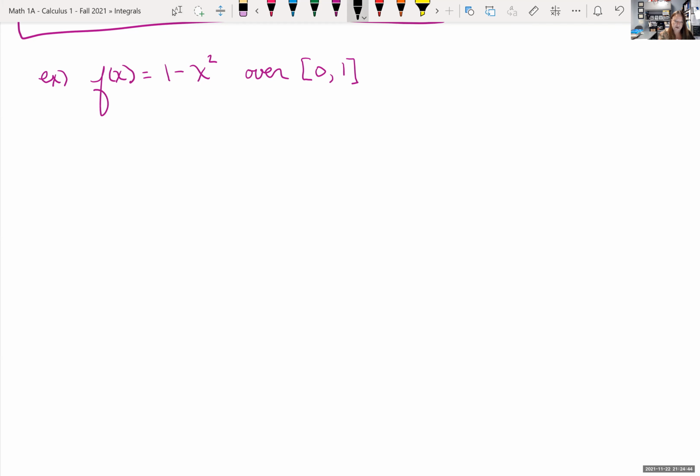It wants us to use the right-hand endpoint. So first, let's find delta x. Delta x is the endpoint of our interval, 1, minus the start value of our interval, 0, all over n rectangles. So this is going to give me 1 over n.